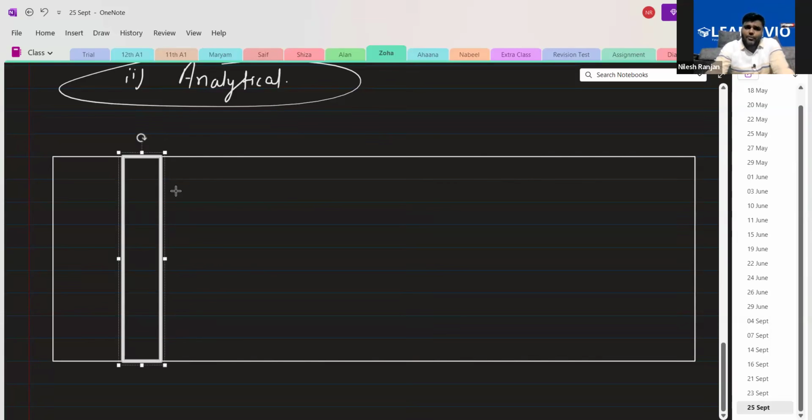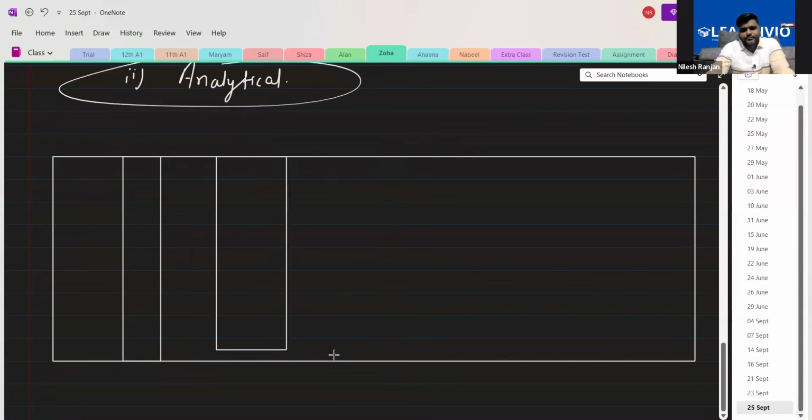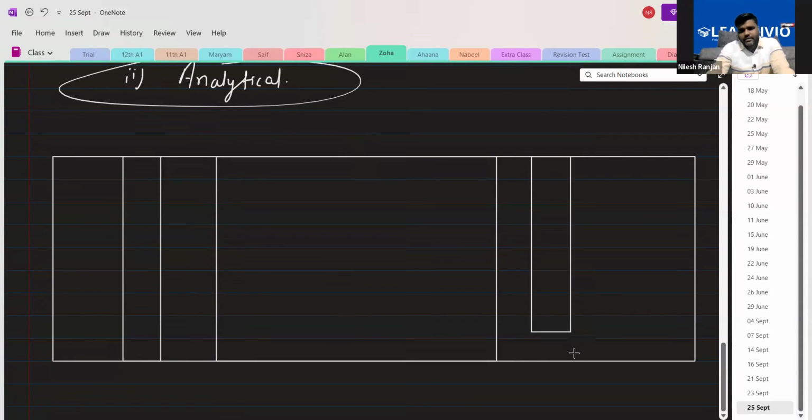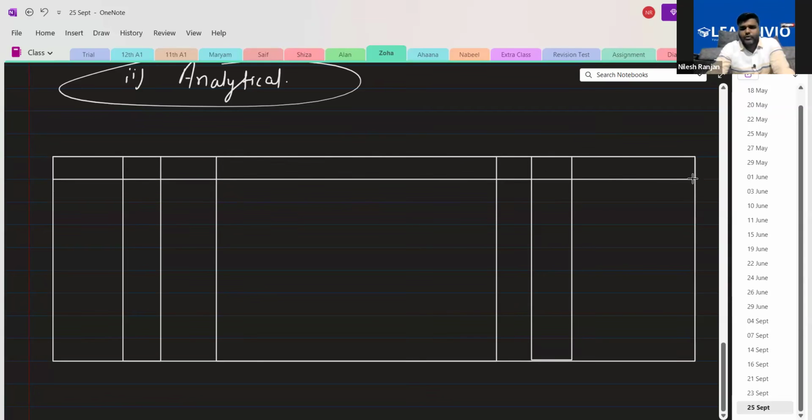Sometimes ledger folio is also opened here. Then I will write date, and this is particular. Again here, I can create 2 columns for this, and one is amount. So cash book folio, ledger folio, these things will be written.